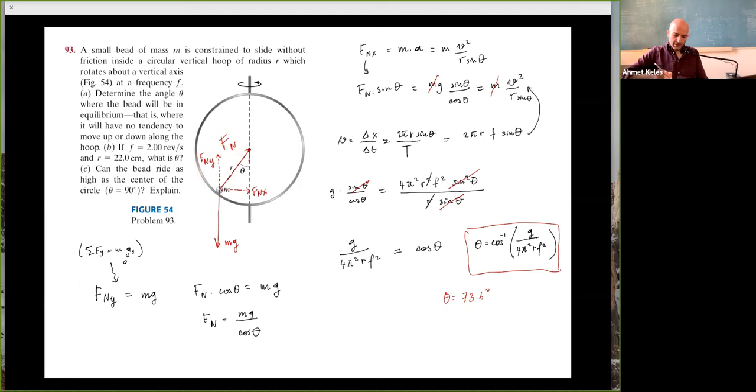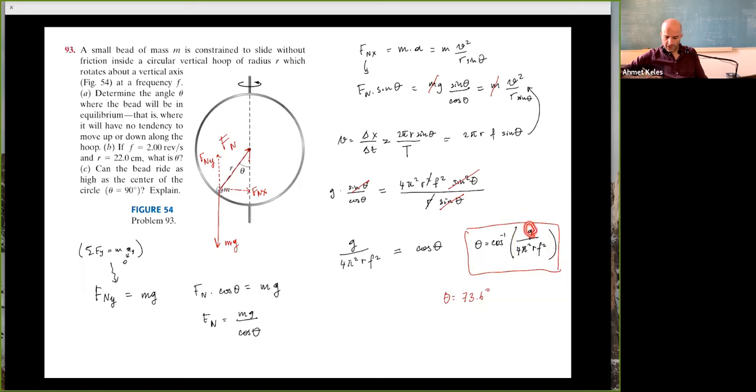And we can actually see this mathematically here. Say theta is equal to 90 degrees. For that to happen, this should be 0, right? Or the other way of saying that is cosine of 90 is equal to 0. So this should be 0, but this could not be 0, right?